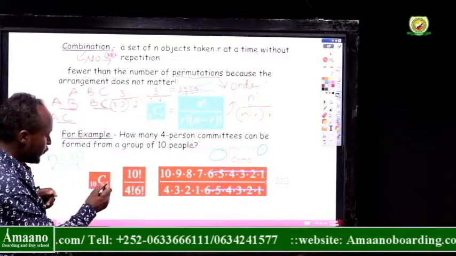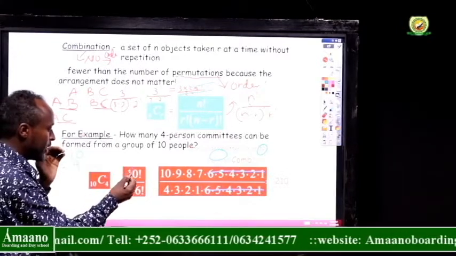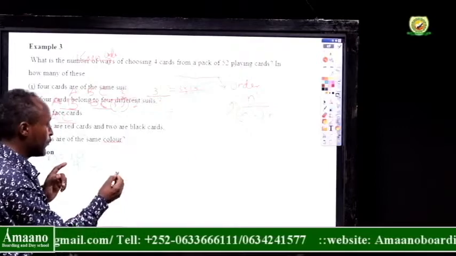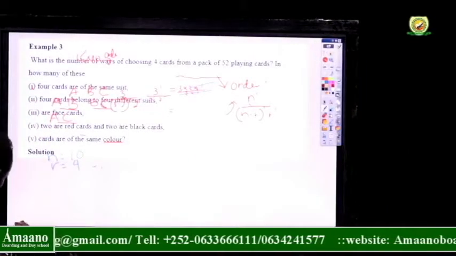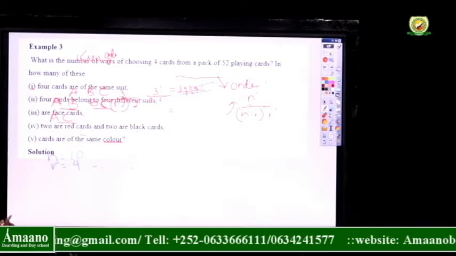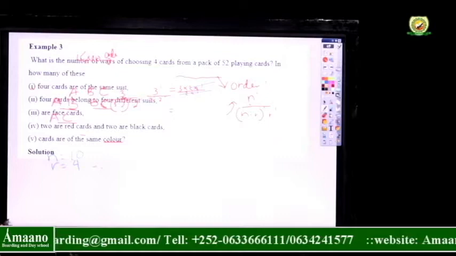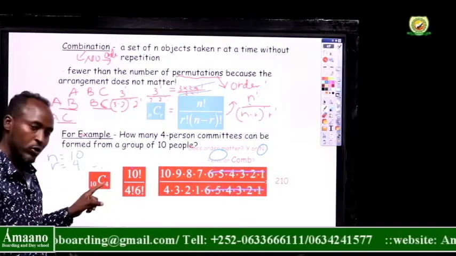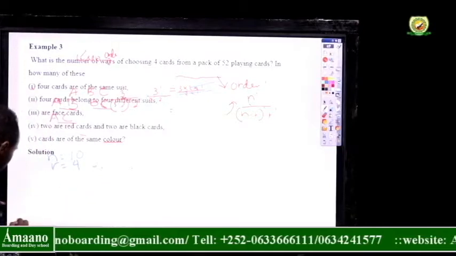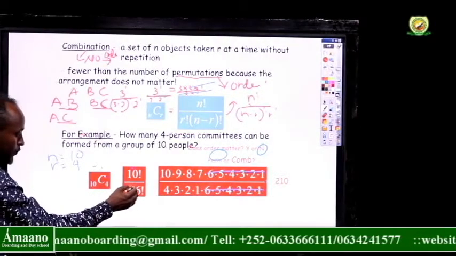10 combination 4 is the same as 10 factorial divided by 4 factorial times 6 factorial.